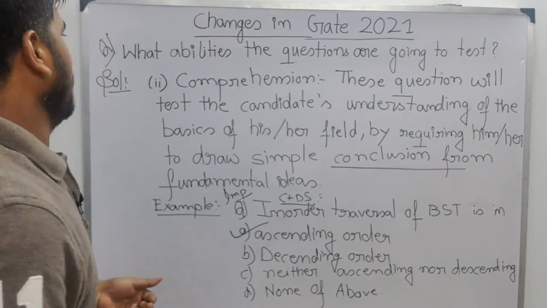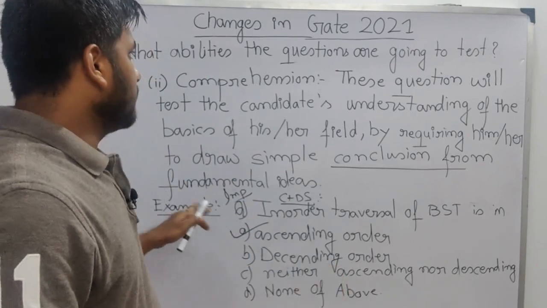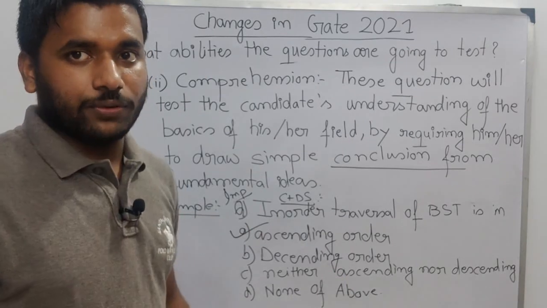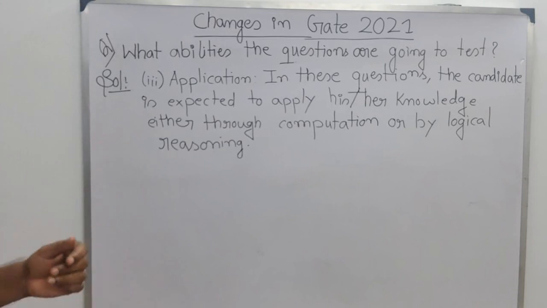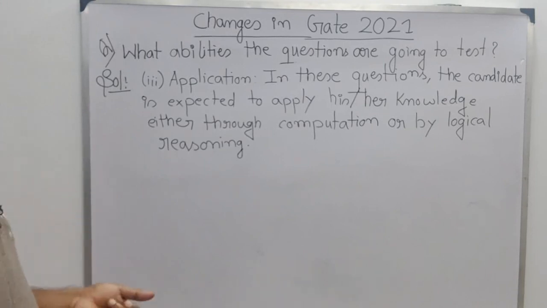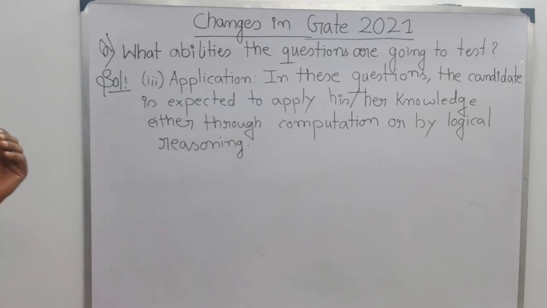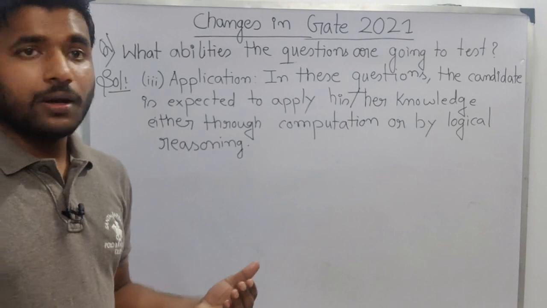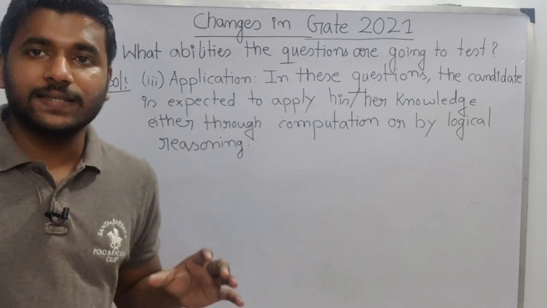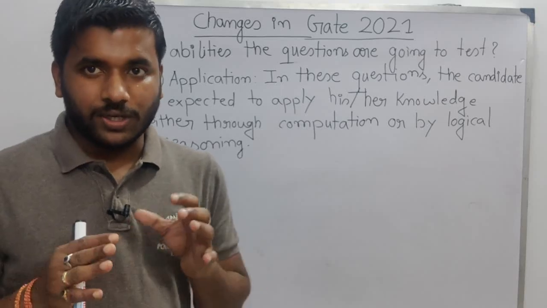Now the third type of question will test the ability of application. The third point that they are going to check is application. In this question, the candidate is expected to apply his or her knowledge either through computation or by logical reasoning. So in this kind of question, you have to do some computation or apply some logical reasoning.